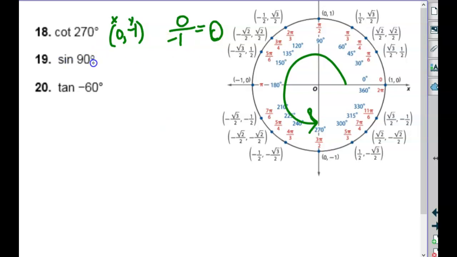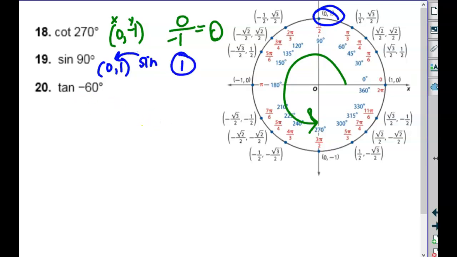Sine of 90, another quadrantal angle up here. So the ordered pair is 0, 1, and where do we look for sine? In the y spot, so the sine is simply 1.